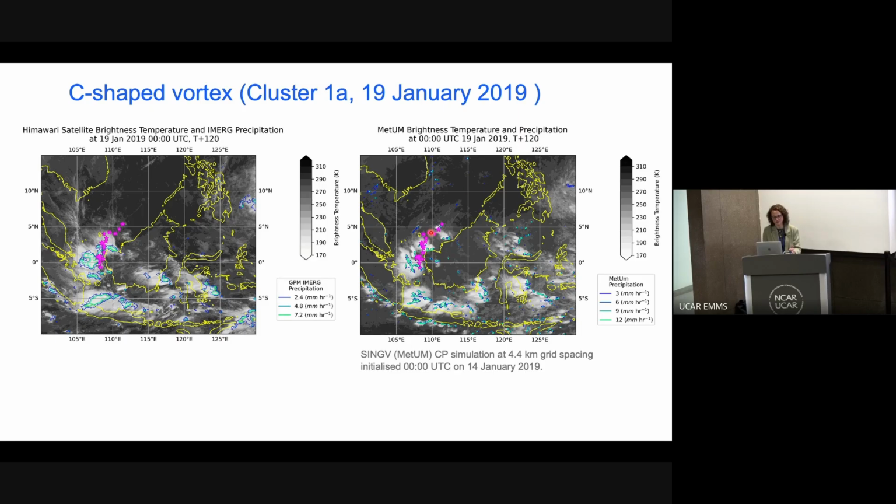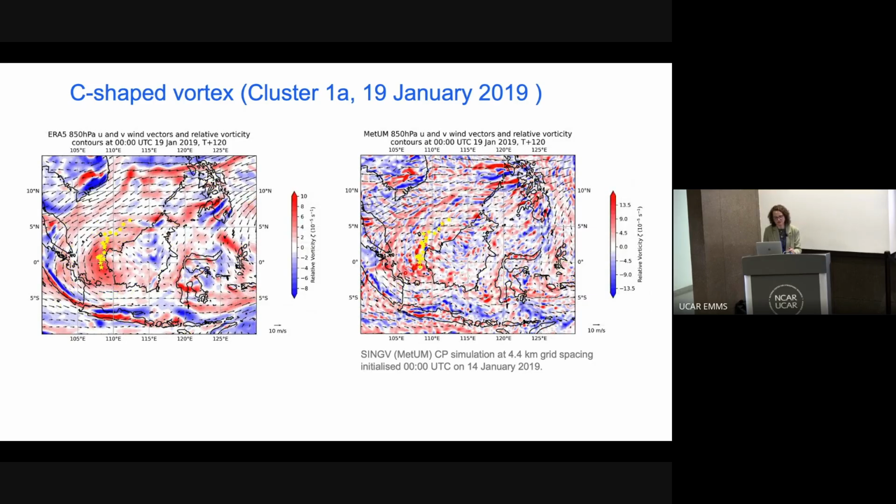It's the same vortex that you've seen before, and you can see that the location, not so much the intensity, but the location of the clouds and the precipitation is captured quite well. If you look at the relative vorticity and compare this to ERA5, obviously the field is much noisier, but overall the convection permitting simulation seems to be doing a pretty good job at capturing this event. Even at day 5, it's doing a reasonably good job.